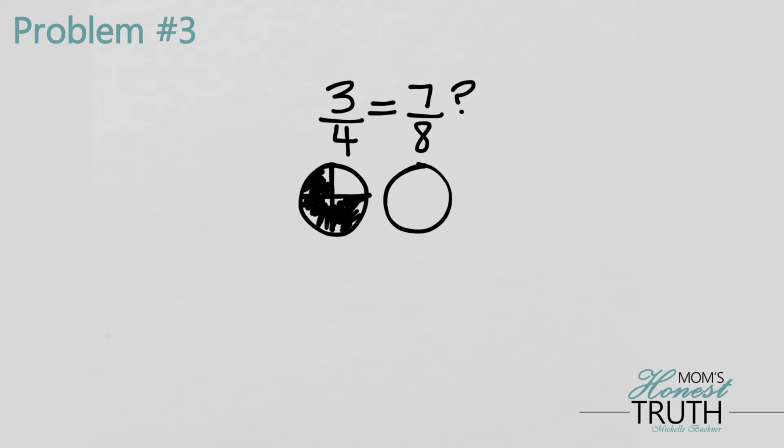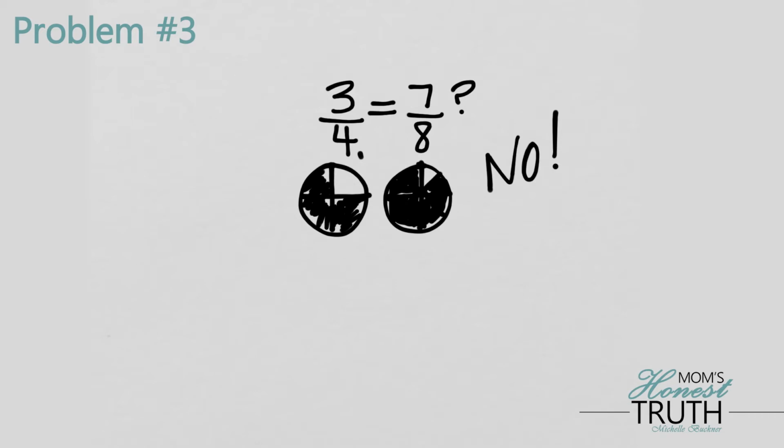In the second fraction, 7/8, let's divide this into 8 pieces. 1, 2, 3, 4, 5, 6, 7. We have 7 parts out of 8 are whole. Do these look equivalent? If you said no, that's correct. These are not equivalent fractions.